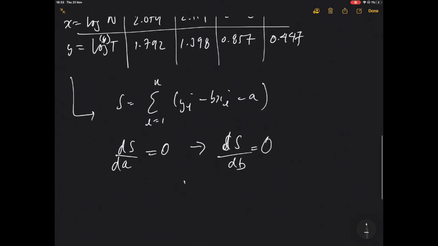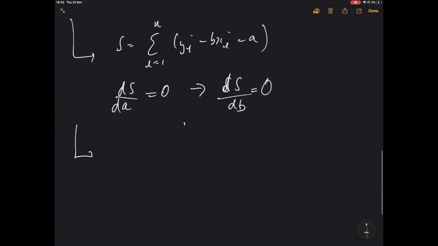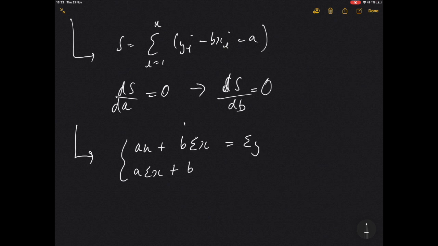And what we found at the end is this set of simultaneous equations, which told us that a n plus b sigma x equals sigma y, and also a sigma x plus b sigma x squared equals sigma xy.